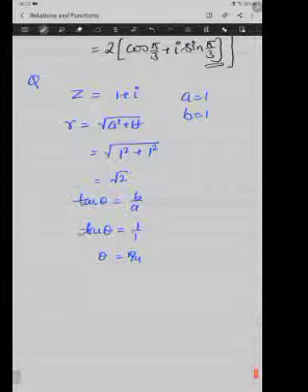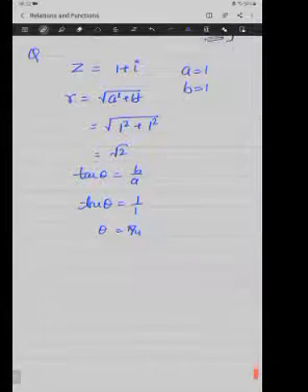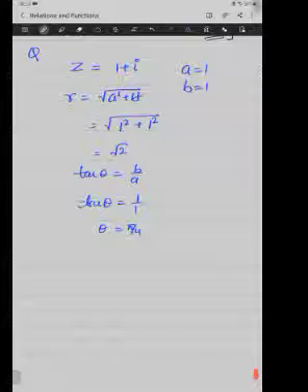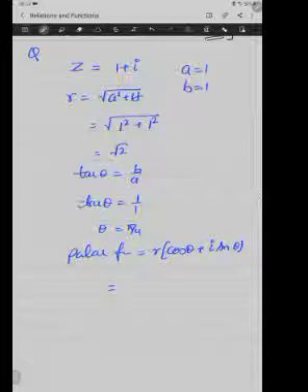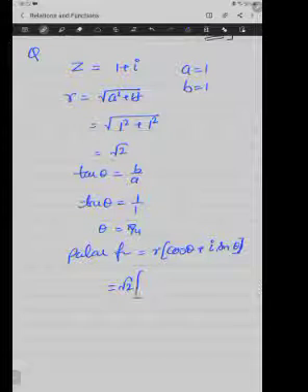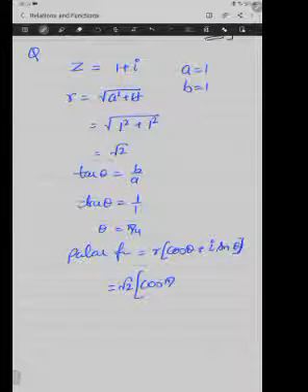Now we have calculated r, we have calculated theta. Now the polar form: r cos theta plus i sin theta, that is under root 2 cos pi by 4 plus i sin pi by 4.